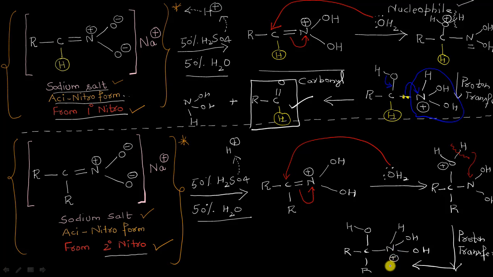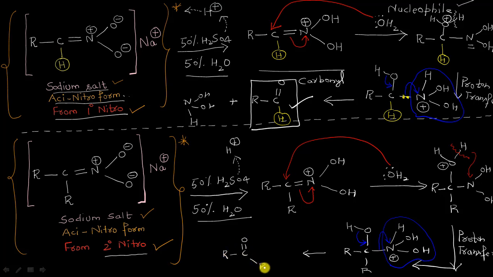So once again, the beauty of this thing is that it can act as a very good leaving group, and it will take these two electrons towards itself, and that is only possible if these electrons are moving in between the carbon and the oxygen bond. So that I can finally write here R, C, this will become a double bond oxygen.